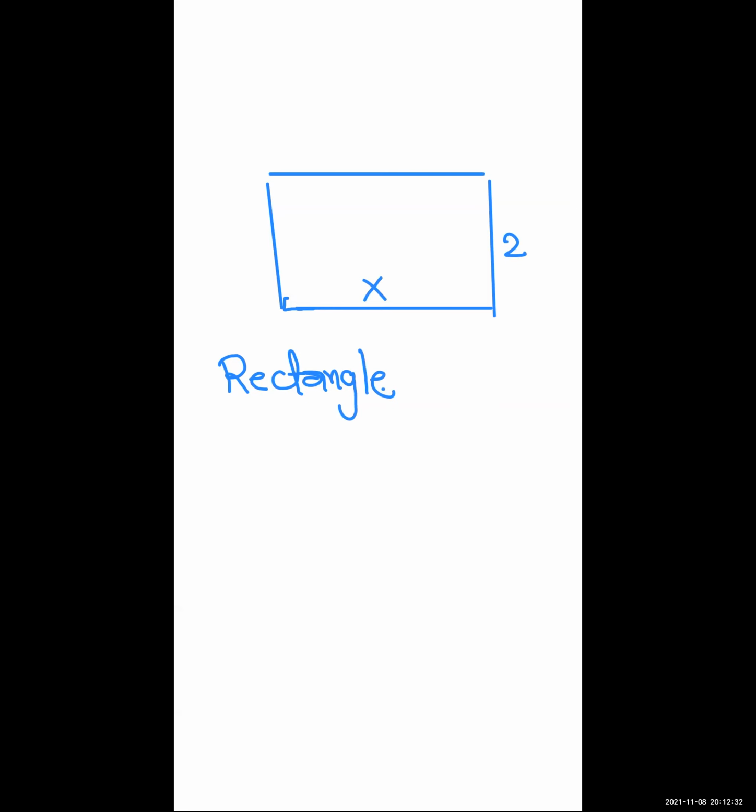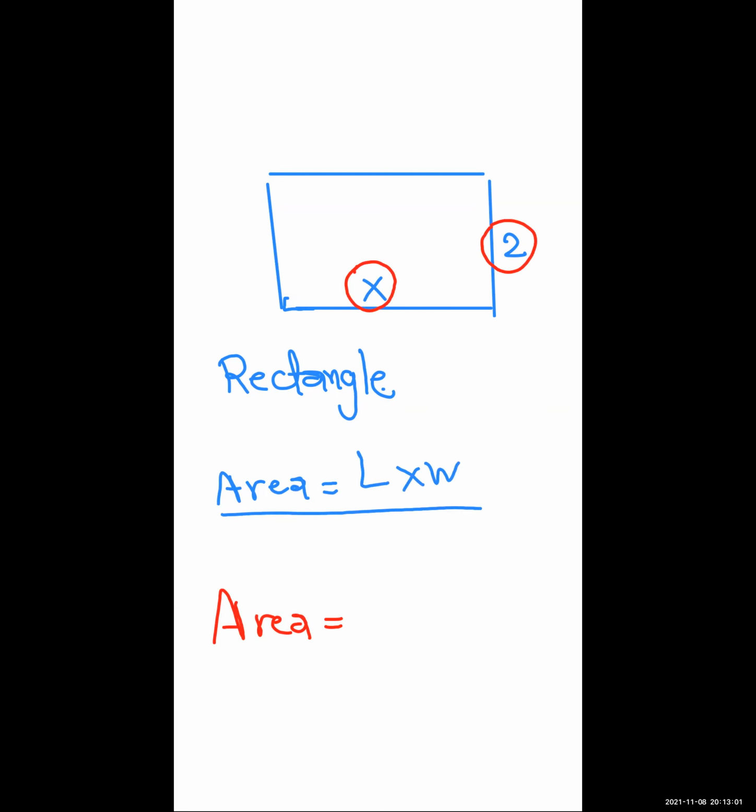In this very simple question: write an algebraic term that represents the area of this rectangle. All of us know that the area of the rectangle equals its length times width, right? Therefore, the area equals length times width, which means x times 2. So it's 2x. That's it. Correct, guys?